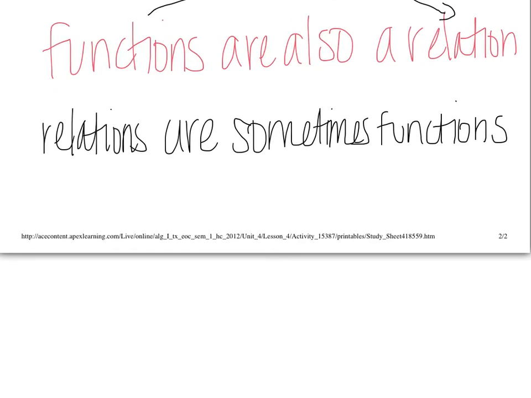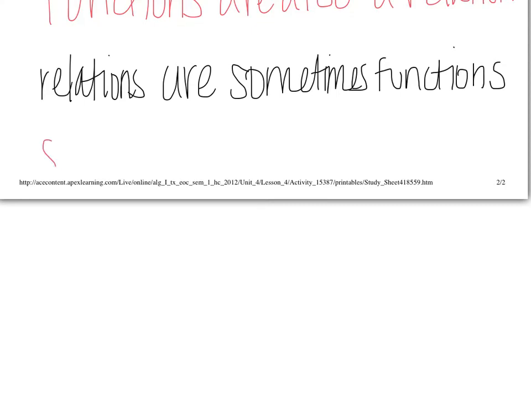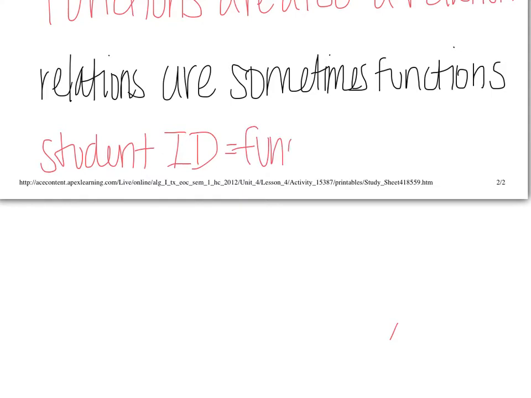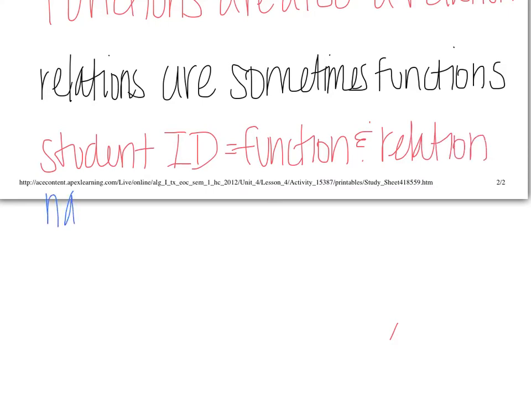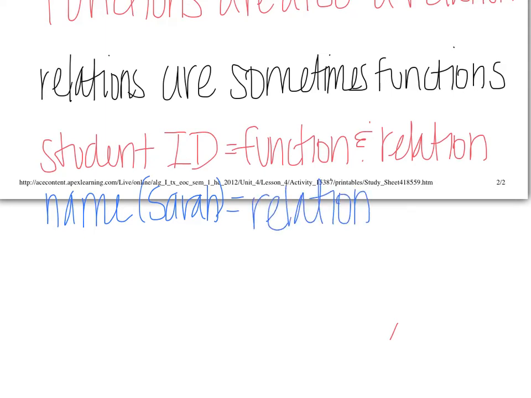So thinking back to our student ID problem that we had earlier, if you input a student ID, you're going to get out one student. That is a function and a relation. But the name problem, for example, the name Sarah, if you put in the name Sarah, you're going to get back a lot of people, so that is just a relation.